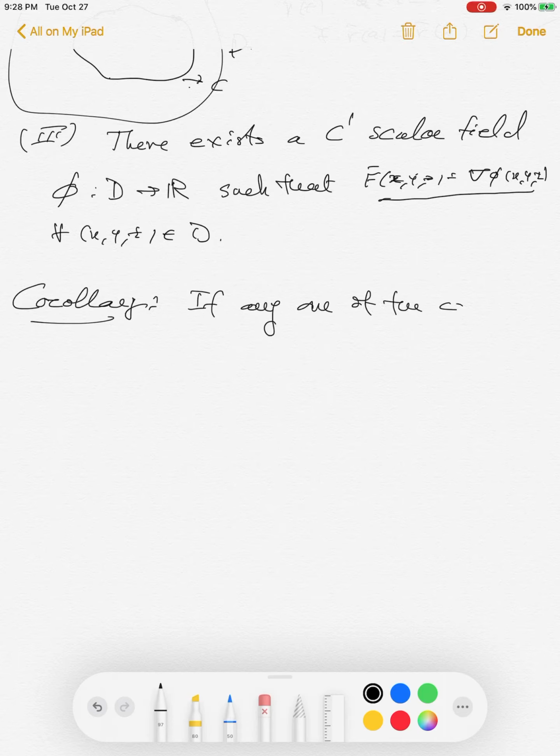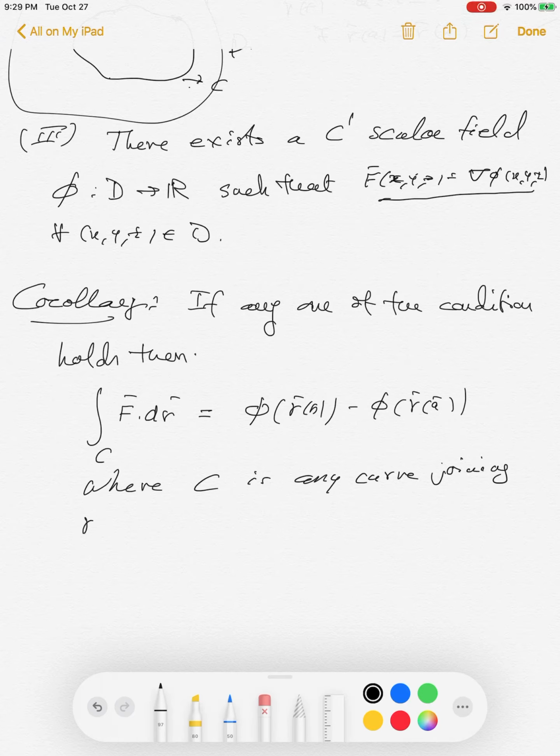If any one of those conditions holds, then you can actually see that the line integral of f bar dot dr bar over any curve C is just going to be the value of this phi at the endpoint, which I will call r bar b, minus phi at r bar a, where C is any curve joining r bar a to r bar b, and phi is the one which is given in part 3.